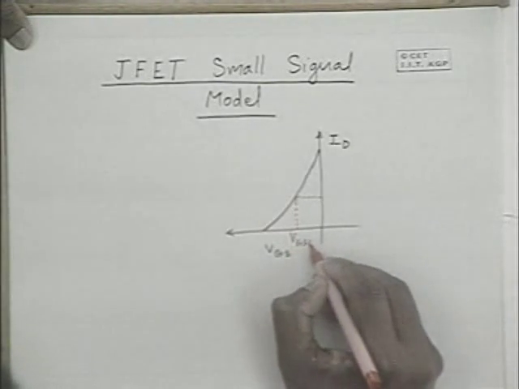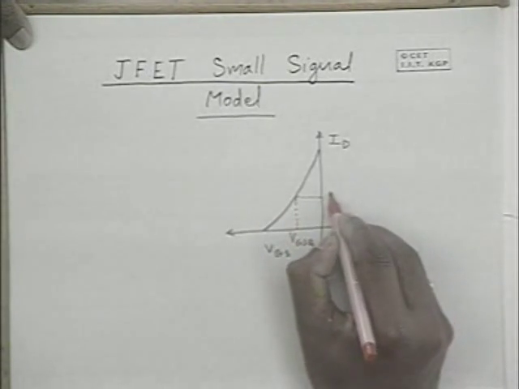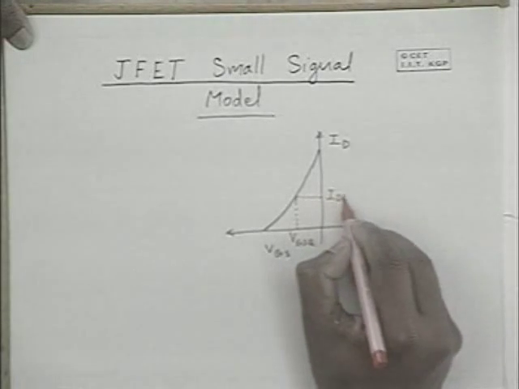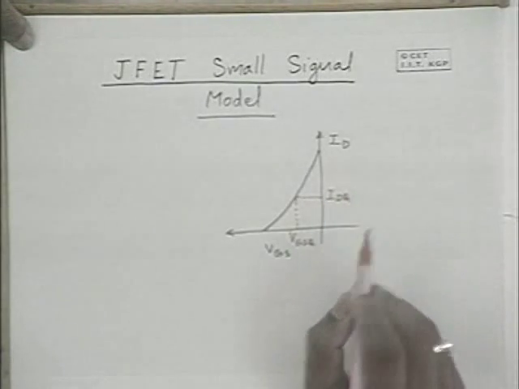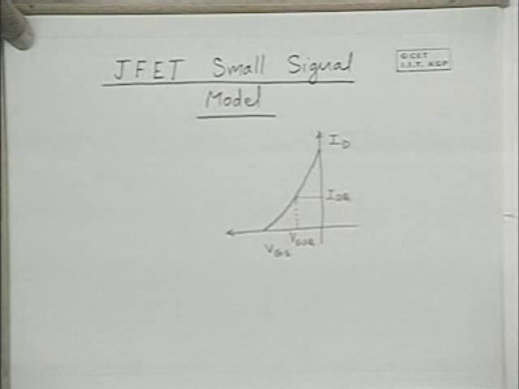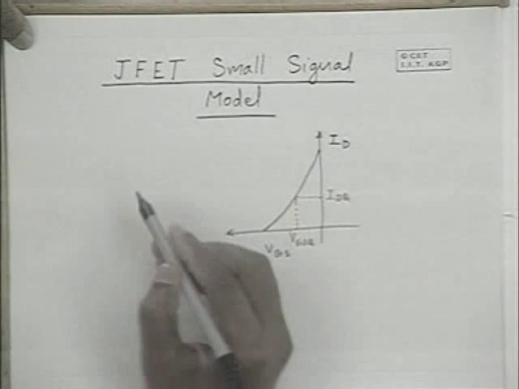When you operate it at the Q point VGSQ, it will give you the Q point ID.